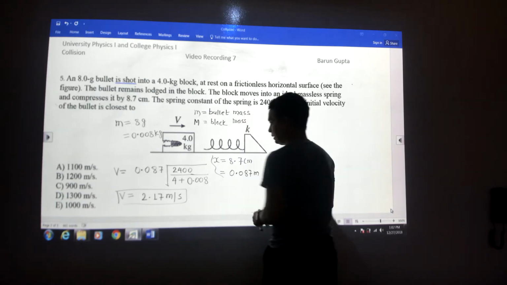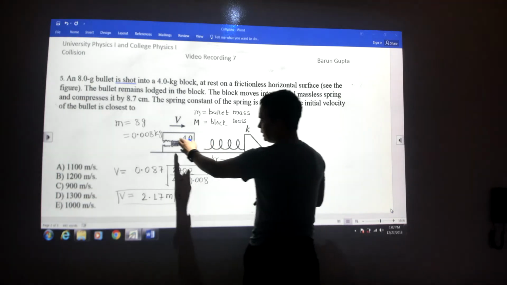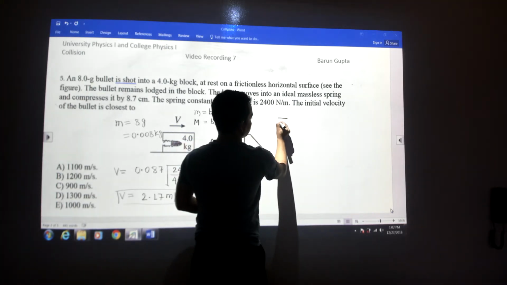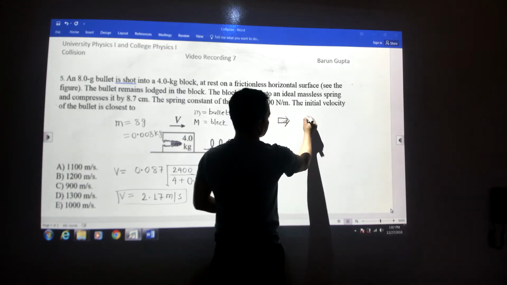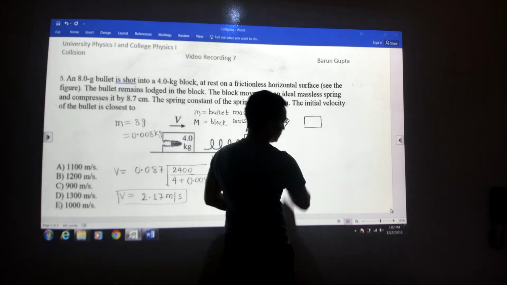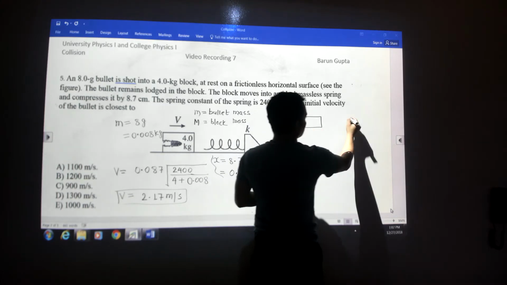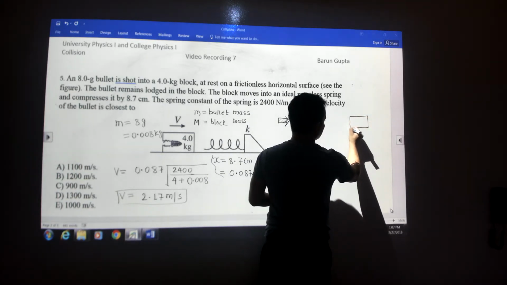Now, let's see what happens before this situation. You have a bullet, and then you have the mass here, the block, and it was at rest, and then once the bullet hit, both start moving together.